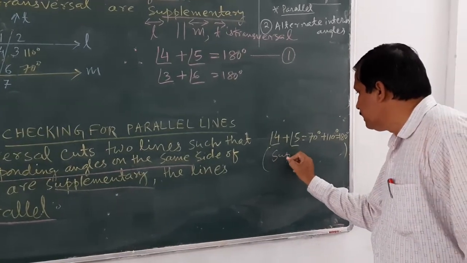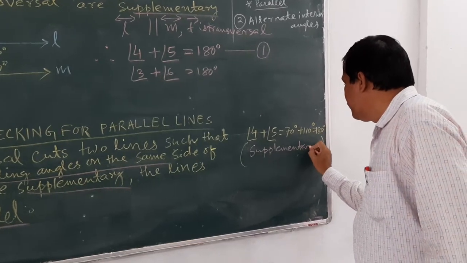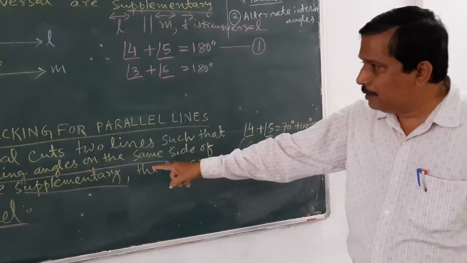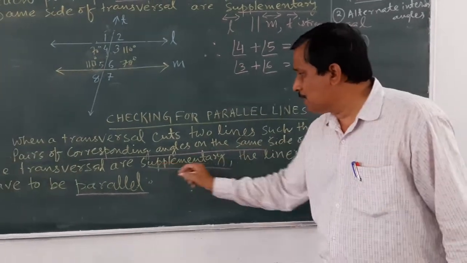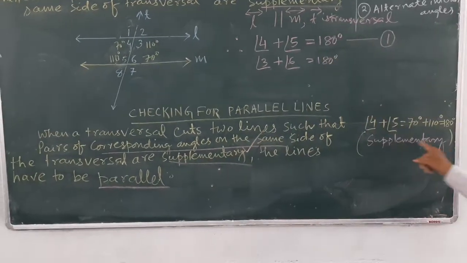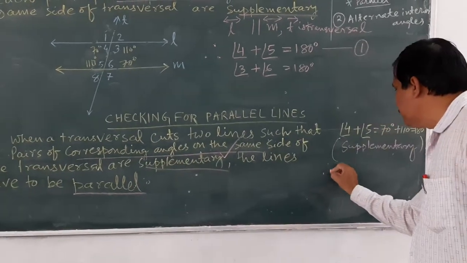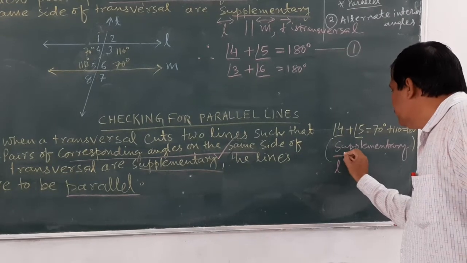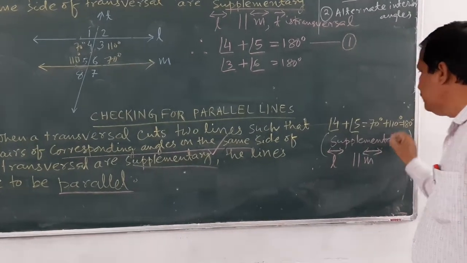Now these two angles are supplementary. So what we have written here: if the angles on the same side of the transversal are supplementary, then you can say the two lines are parallel. Therefore, line L is parallel to line M.